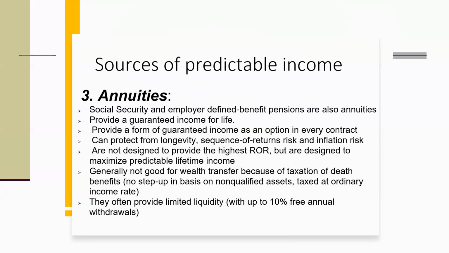But generally speaking, most contracts provide the ability to obtain free partial withdrawals of up to 10% of the accumulation value in any given year. So they do allow you to tap into that money. You're not having to wait until the end of that surrender period before you can actually access the money.